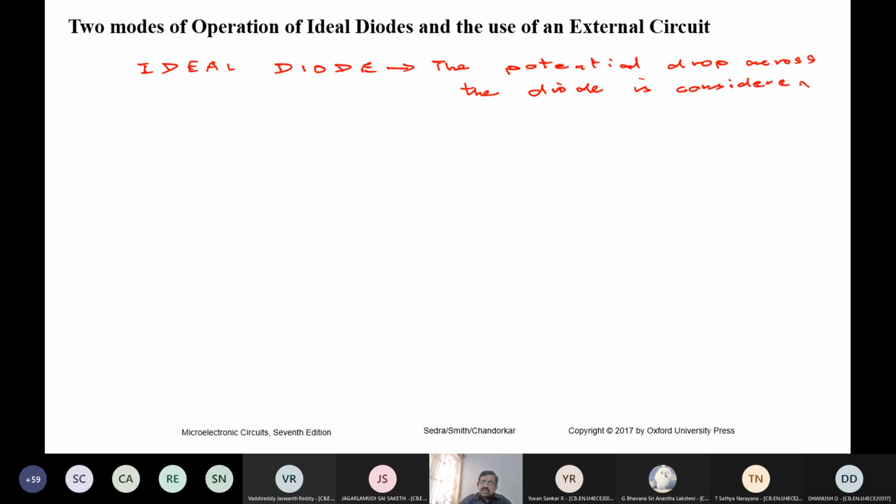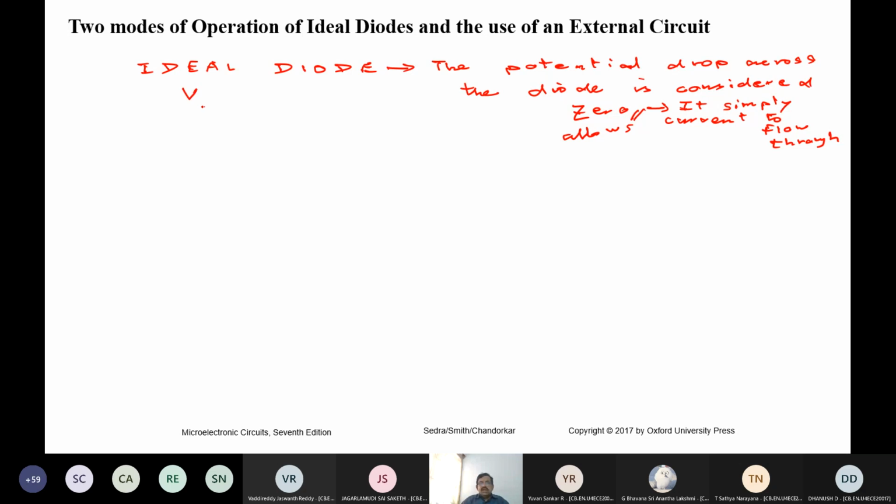Practical diodes will have a potential drop, but for now we consider an ideal diode, and it simply allows the current to flow through. This is the definition of an ideal diode.